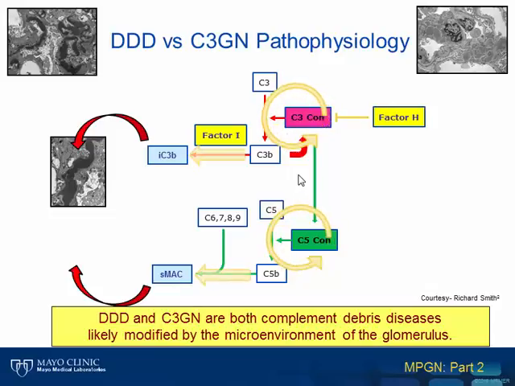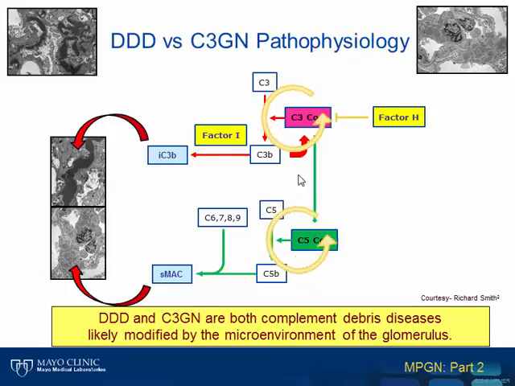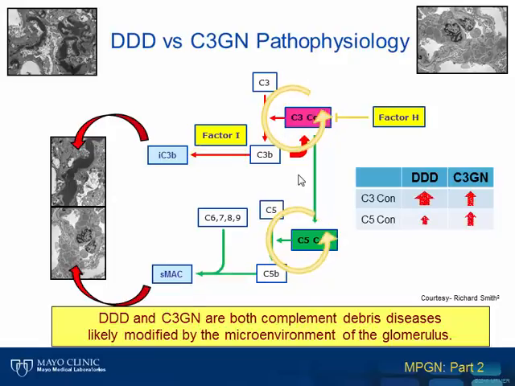But the speculation is that when the C3 convertase is overactive, and you also have overactivity of the C5 convertase, and both C3 and C5 convertase are overactive, we think that these patients end up with C3 glomerulonephritis.